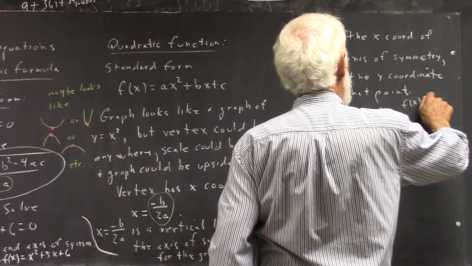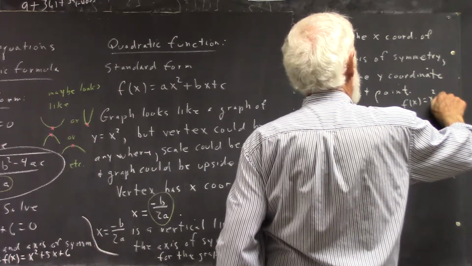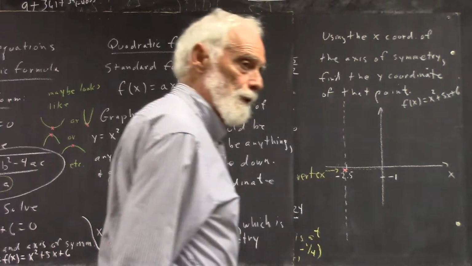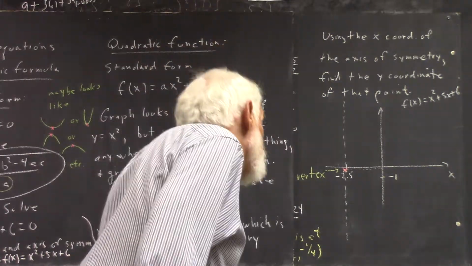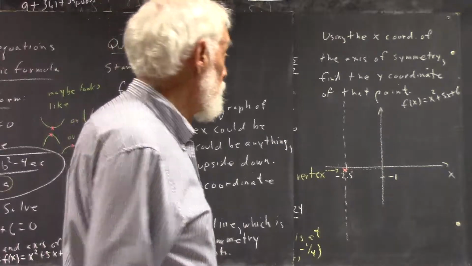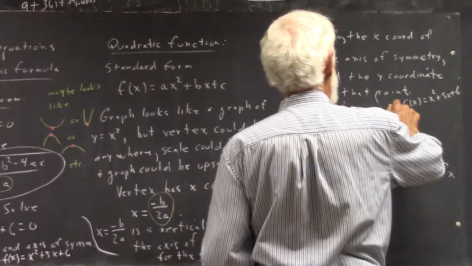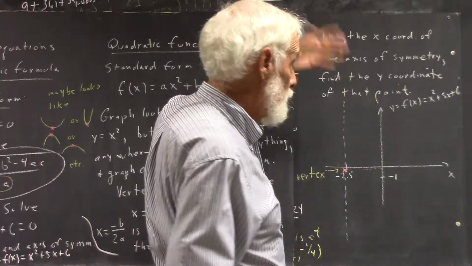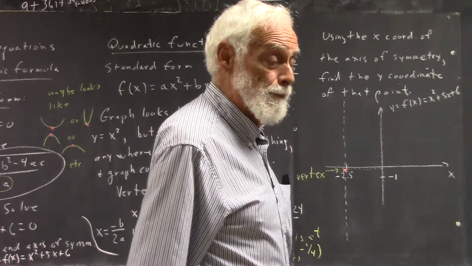Well, f of x equals x squared plus 5x plus 6. Okay? What's the easiest thing you could plug in for x to find a value of y? Easiest number you could possibly plug in there.